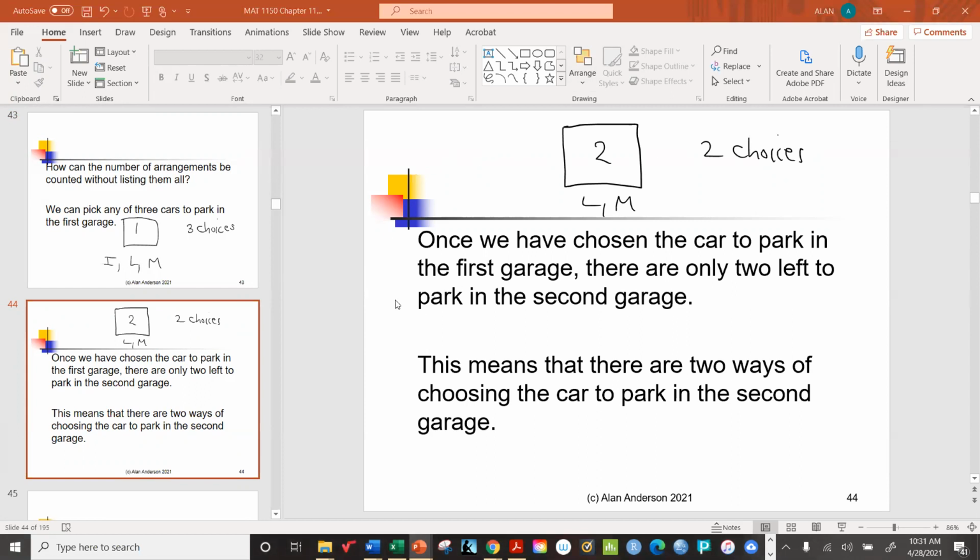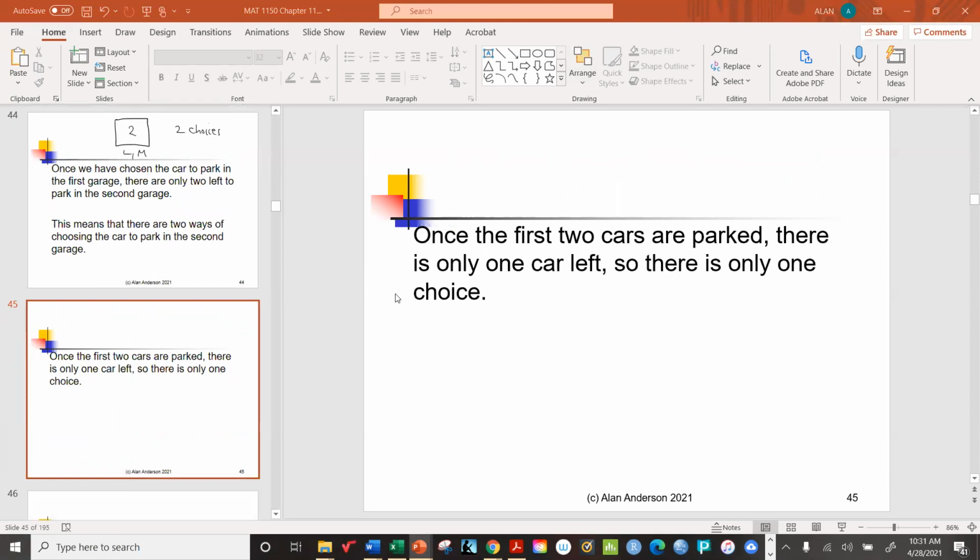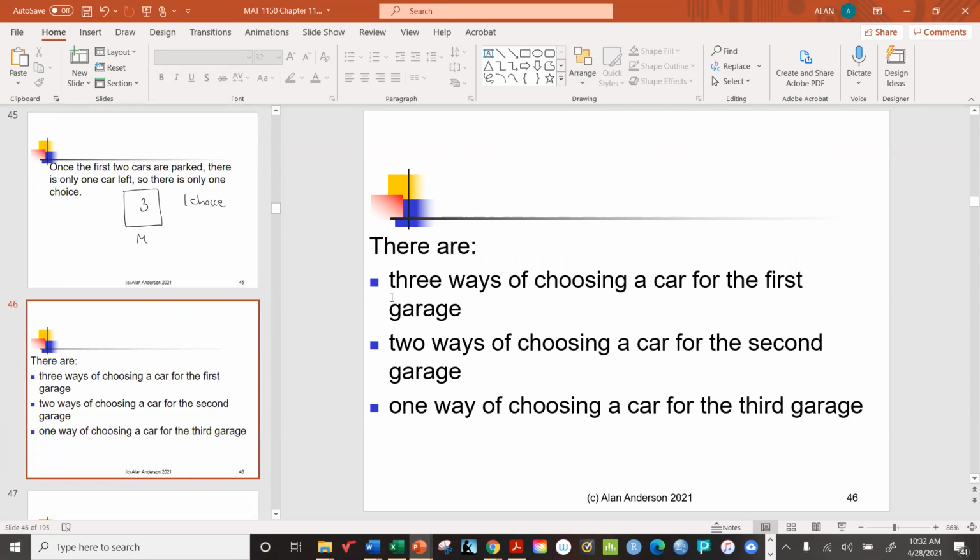All right, now, once the first two cars are chosen, suppose we chose to park the Lexus in the second garage. Now here's garage number 3. There's only one car left. And so what this means then is that the number of choices is 3 ways for the first garage, 2 ways for the second garage, and 1 way for the third garage.